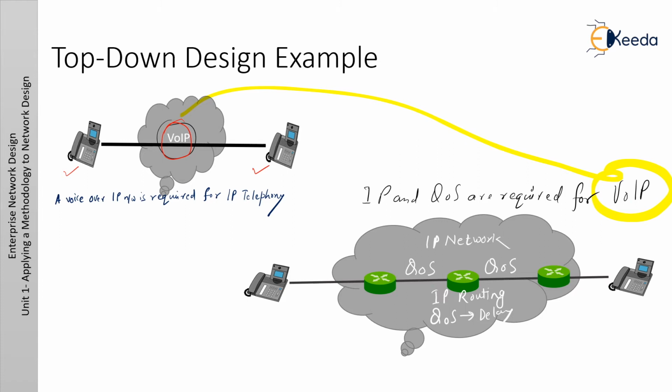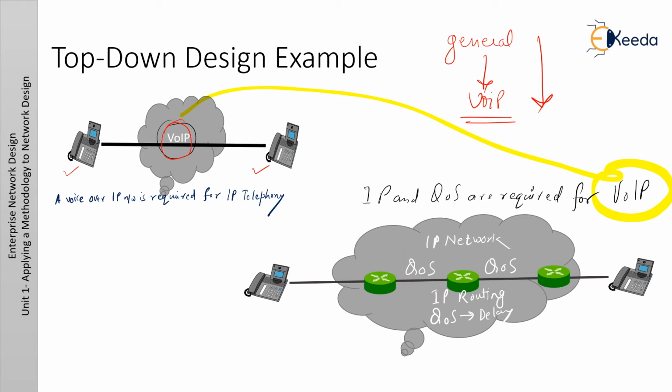This is only a general picture, fine, and the general picture is very important. Now we need to implement voice over internet protocol. Initially we start with the general picture, and after that we go to the bottom, the implementation of voice over internet protocol.